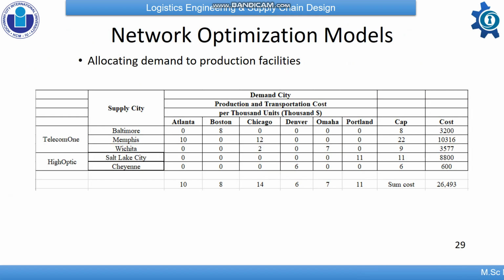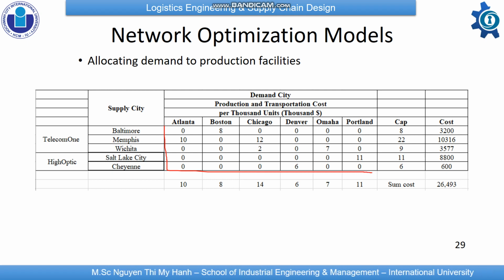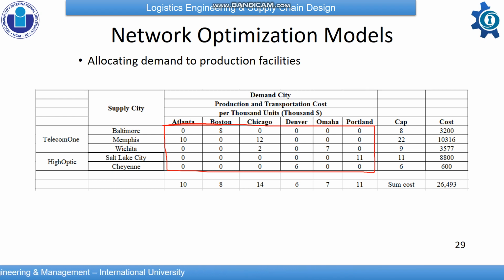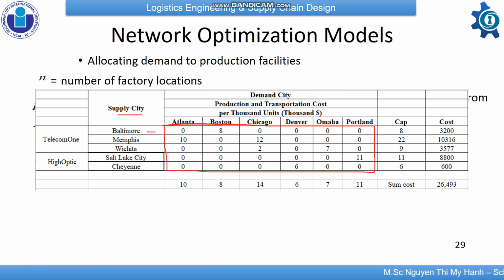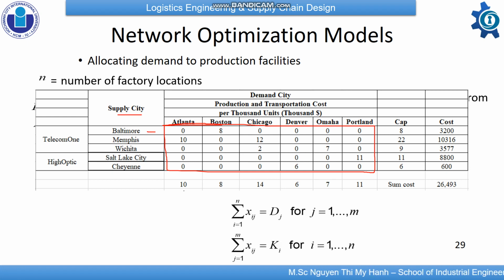And here is the solution where I used Solver in Excel to solve it. So the same, we have the decision variable in this area, that is the quantity. The decision variable is the one that we want to determine, that is the quantity from the supply city, like Baltimore, to the market Atlanta.